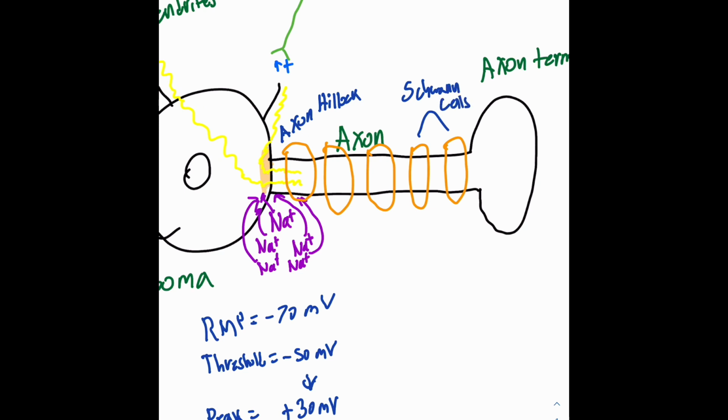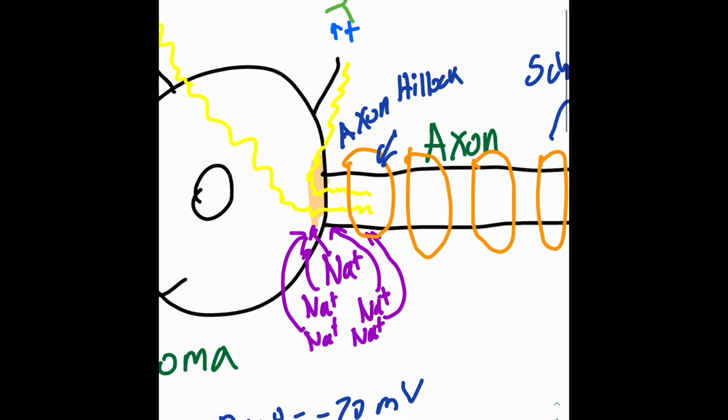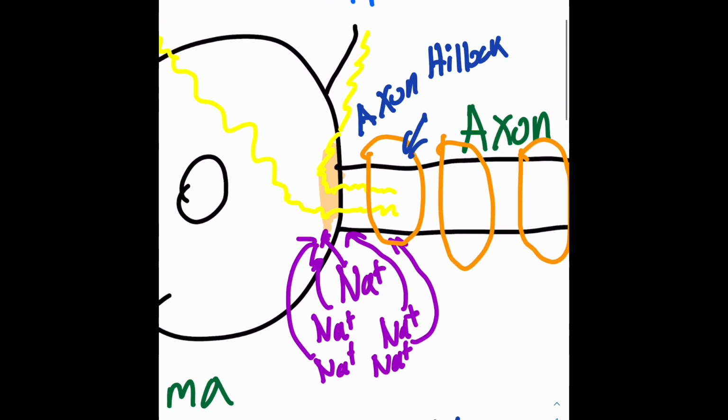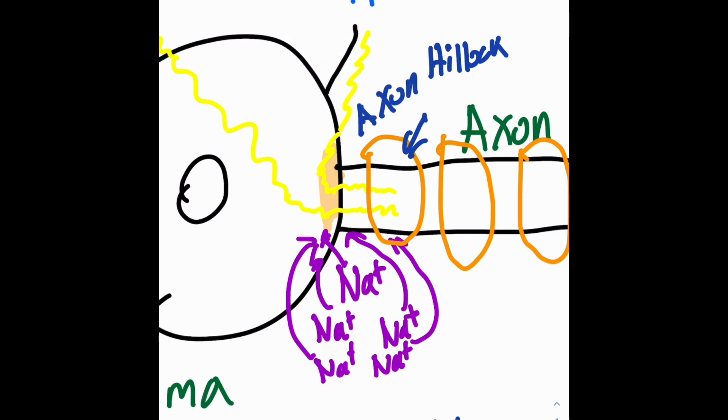So at this point, sodium has come in and has created a current that has gone down the axon, and it goes through, let's say, this first Schwann cell. Let's focus there. In this first Schwann cell, there is a gap here.